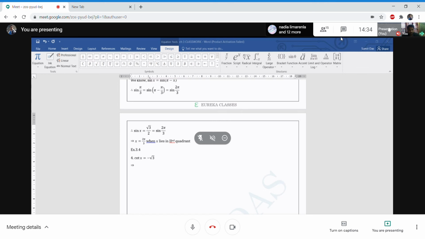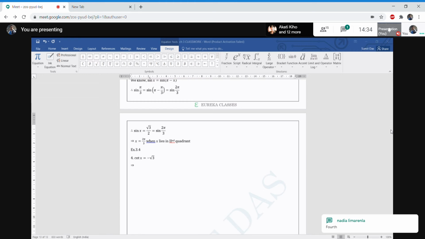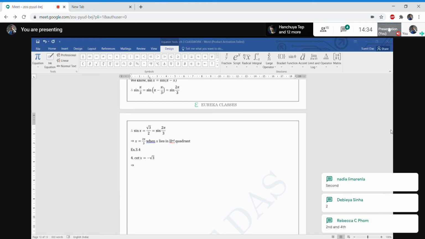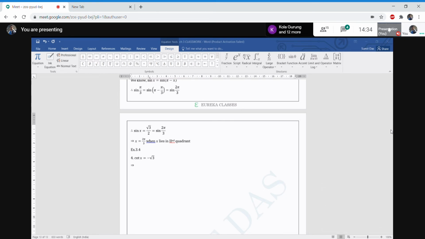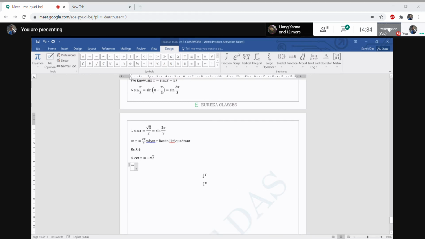The fourth quadrant, and obviously the second quadrant too, right? Tan and cot are positive only in the first and third quadrants, so negative in the second and fourth. So first we have to check the second quadrant value.